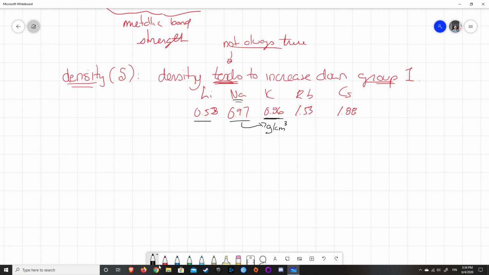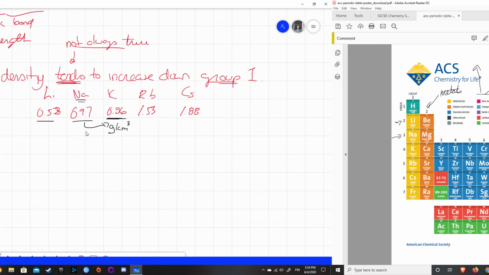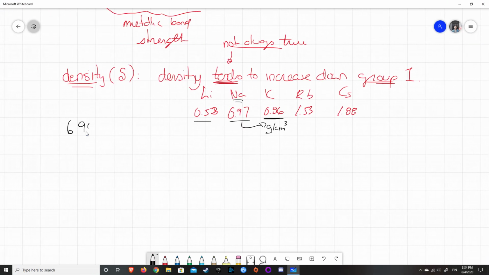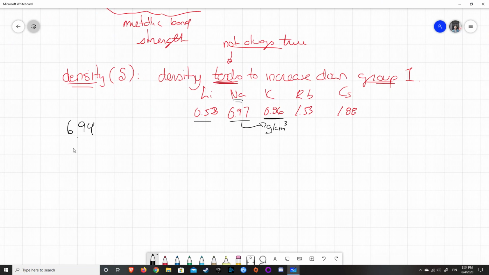So why does density increase down the group? We can talk about this. Let's look at a few atoms, and let's look at the mass of them. Lithium is 6.94. Sodium is 22.99.